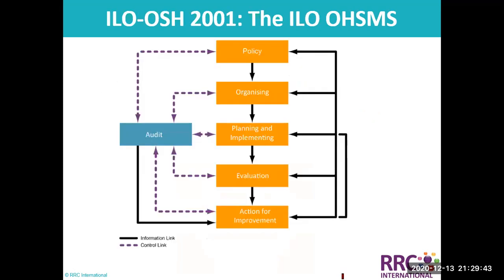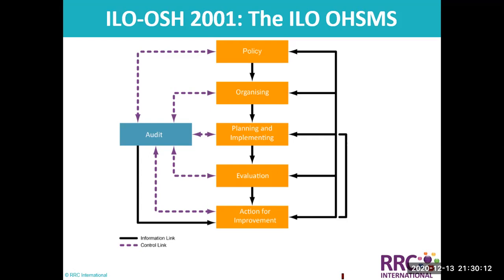Now, the ILO Occupational Safety and Health 2001, looking at the ILO Occupational Health and Safety Management System. Here we're looking at the elements of health and safety management systems, which we use an acronym to remember, to always have it in mind.